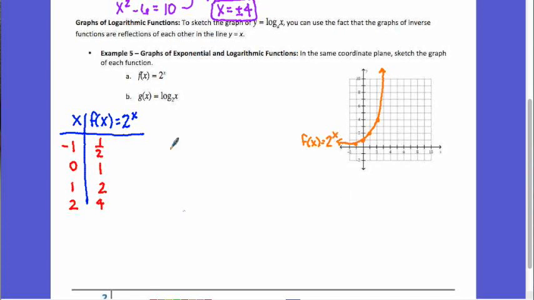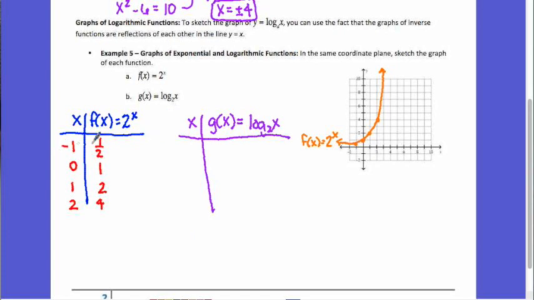Now, knowing that this is the inverse of this, to find these values, all I really need to do is to switch the x and the y of these values. So my new x and y values are just going to be the flip-flopped versions of the f of x function.